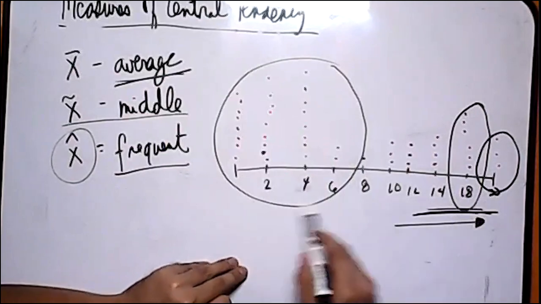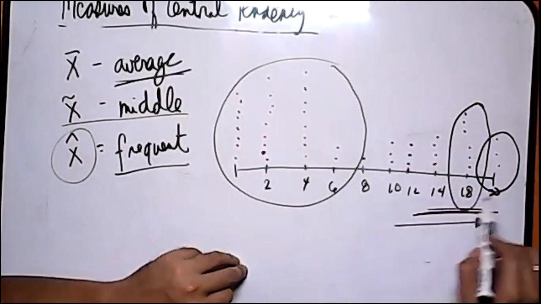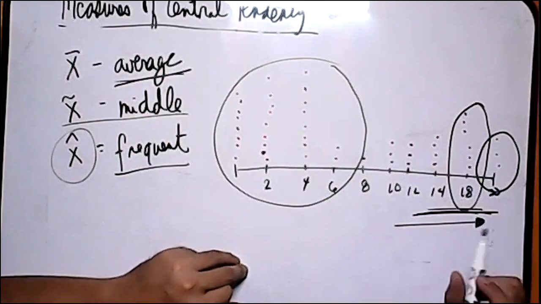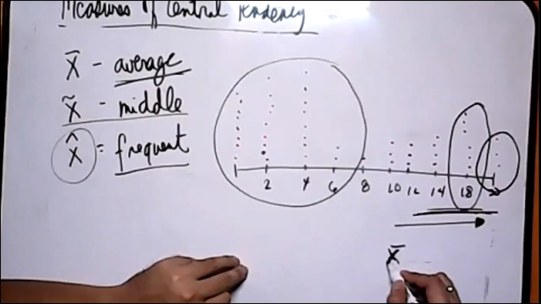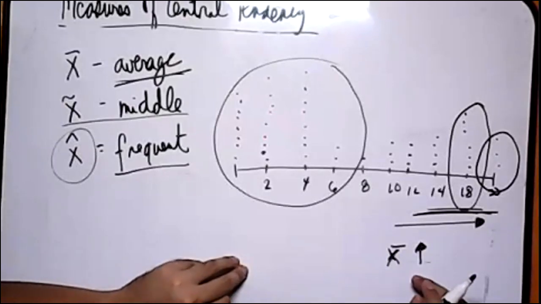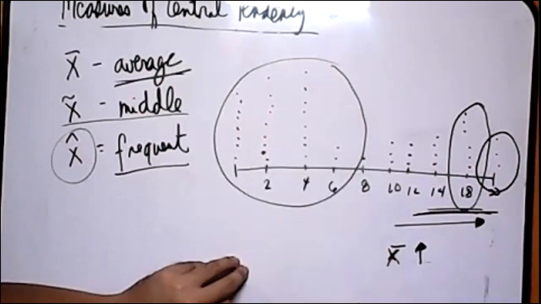So pag in-add mo yan, dahil marami pa rin at matataas yung values, the tendency is the x is gonna be high. And therefore, hindi natin mabibigyan ng description itong mga values na nandito.